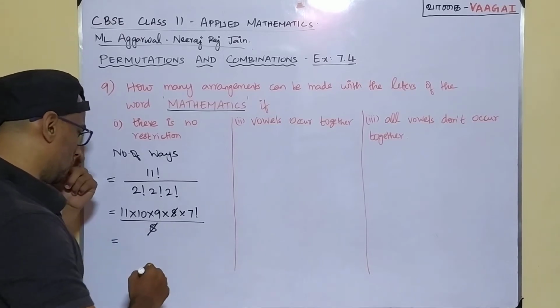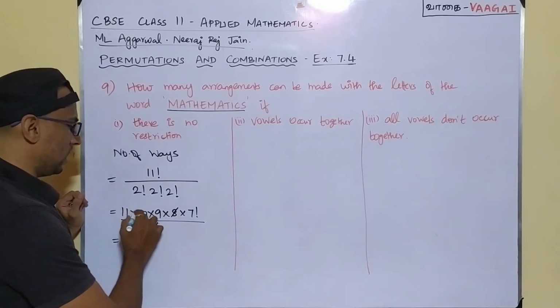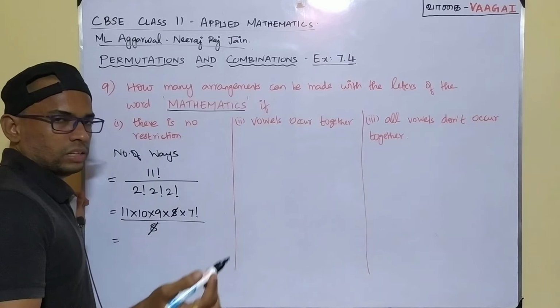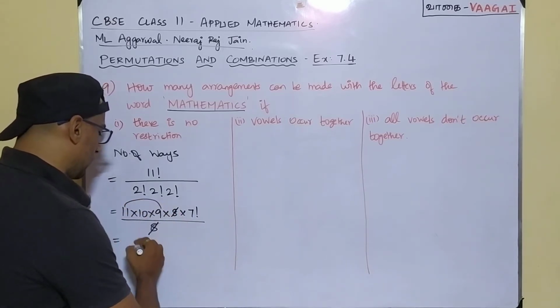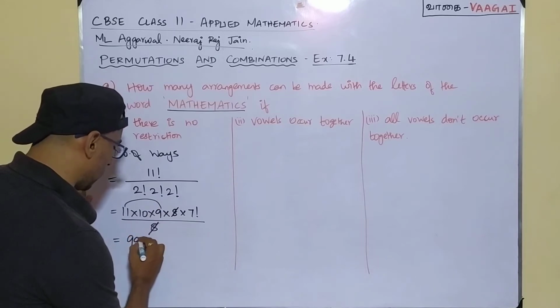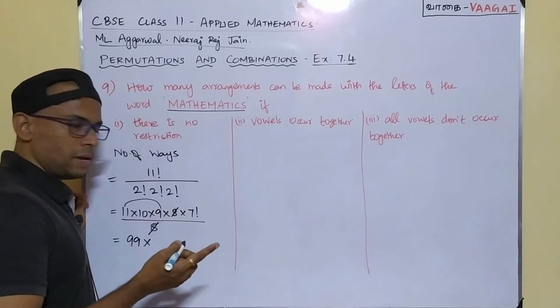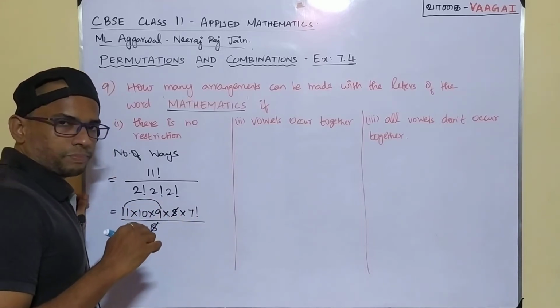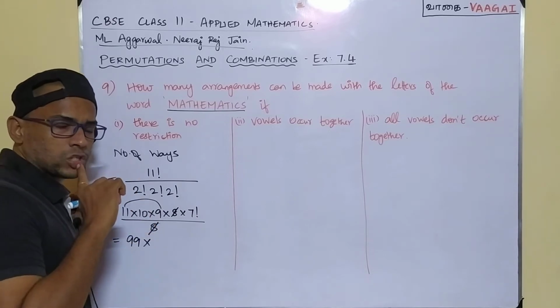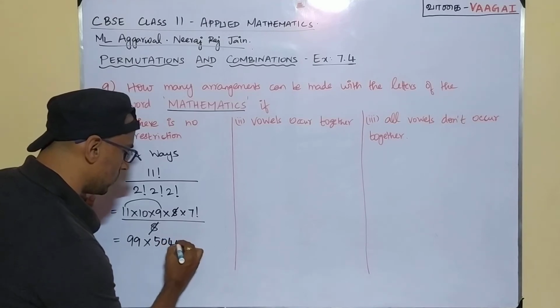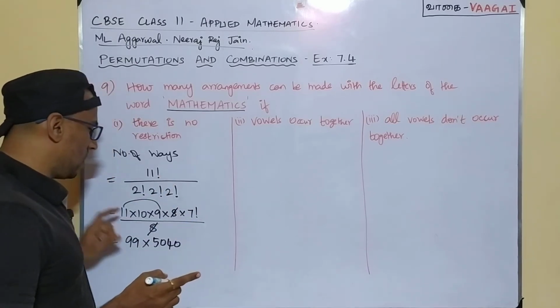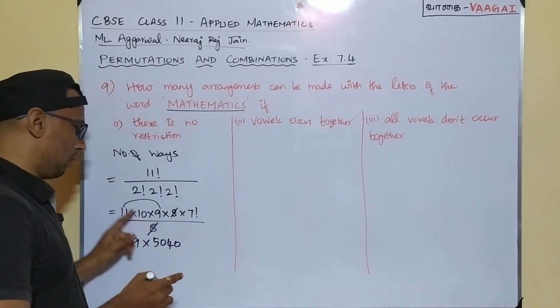Here we have 11 into 10 into 9 into 7 factorial. That's all we have here. Now if you see carefully, I will pair up this 11 and 9, which will be 99, multiplied by the 7 factorial. 7 factorial is actually 5040, but along with that we have to include one more 0 because we have to multiply by 10 also.